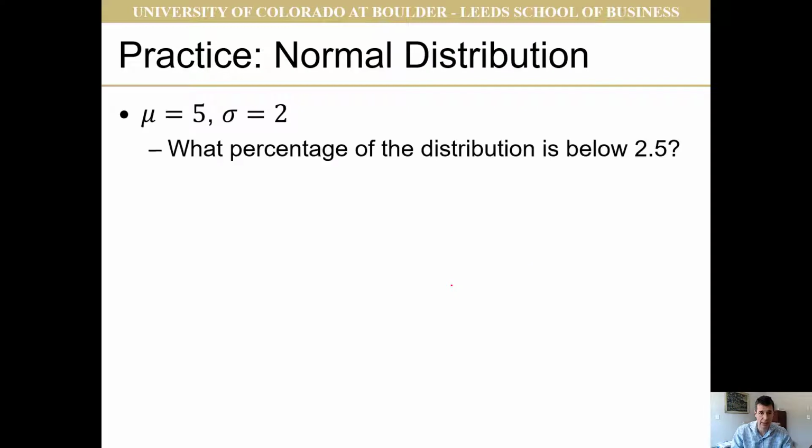Okay, so we have some practice. Let's have a mean of 5, standard deviation of 2, and we want to know what percentage of the distribution is below 2.5. Okay, 2.5 is an observation, and we want to find a percentage. That's norm.dist.